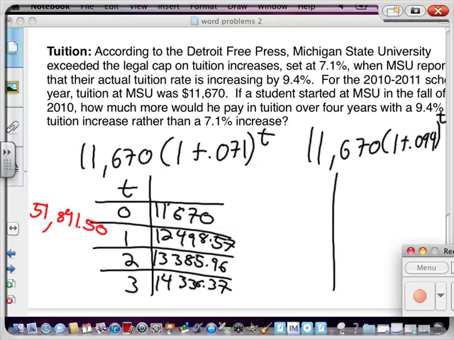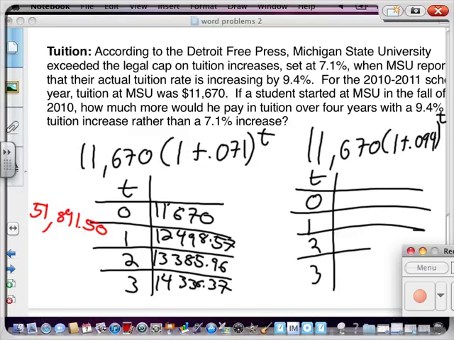So now we're going to plug in T for this problem. 0, 1, 2, and 3. So the first year is the same, because we started out with $11,670. But after the first year, it costs $12,766.98.